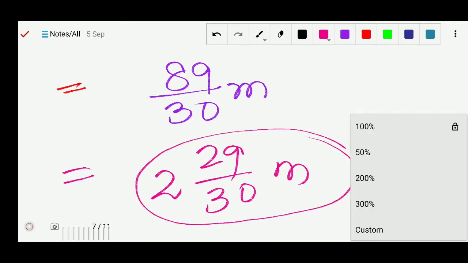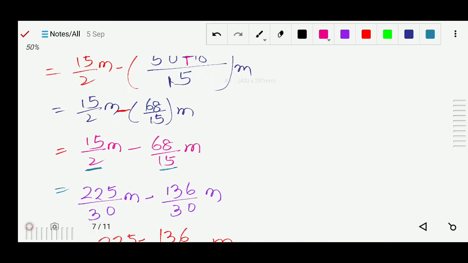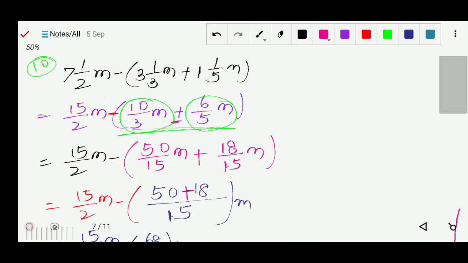So what steps have we done? Simple only. This is the total and this is the used one, so total minus the sum of the used. Whatever is in the bracket we solved first.